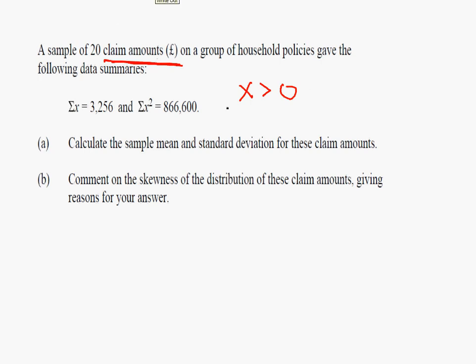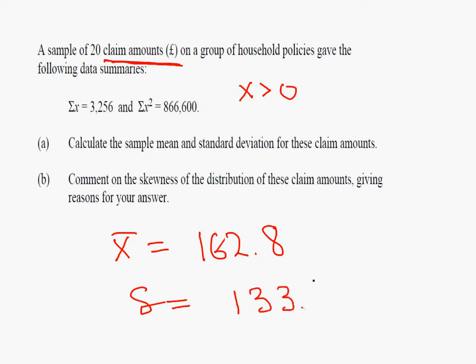Now, also, the mean we decided earlier on, x bar, was 162.8, and the standard deviation is 133.1. Relatively speaking, that standard deviation is relatively high in comparison to the mean.